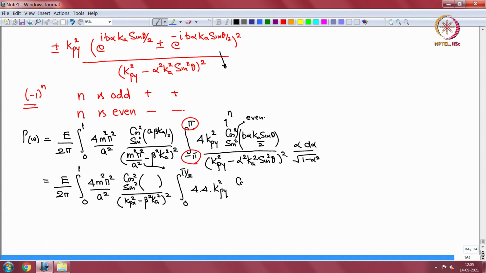Okay, then cos square sine square b alpha ka sine theta by 2 divided by k square py minus alpha square ka square sine square theta whole squared. Alpha d alpha by square root of 1 minus alpha square.